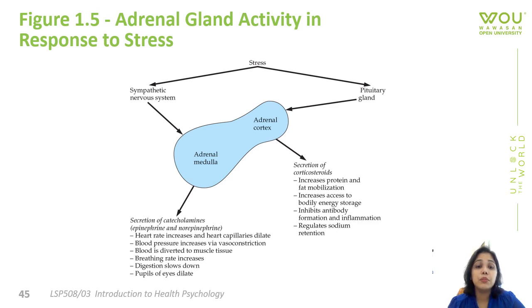And then the adrenal medulla does the regulation of the epinephrine and norepinephrine, or adrenaline and noradrenaline. I'm sure you've heard of the term adrenaline rush. This affects blood pressure, breathing rate, and digestion, as well as the dilation of the pupils of the eyes.